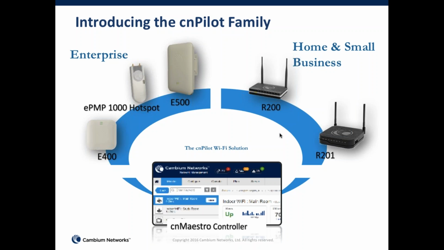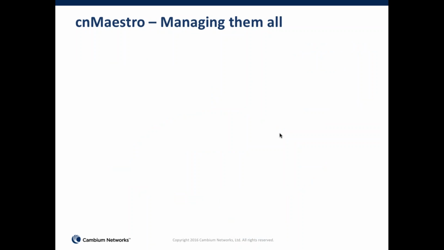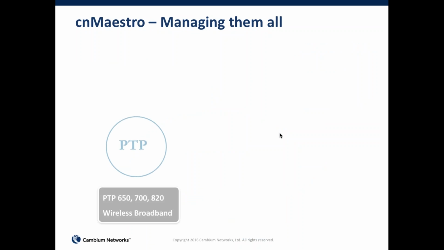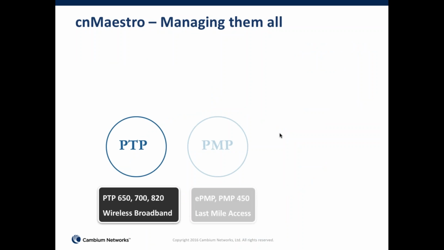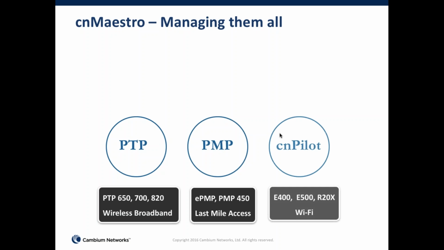Connecting all of these together is cnMaestro. cnMaestro functions as our management system, and in the case of Wi-Fi, as the Wi-Fi controller for our enterprise product. And it's a little bit unique in that we have tied cnMaestro to manage all of our product lines across our PMP and our cnPilot product lines.